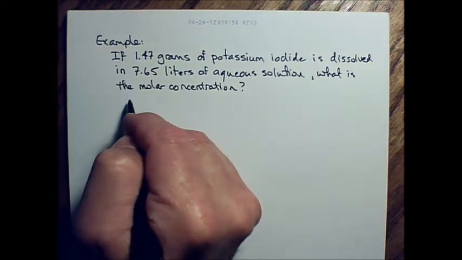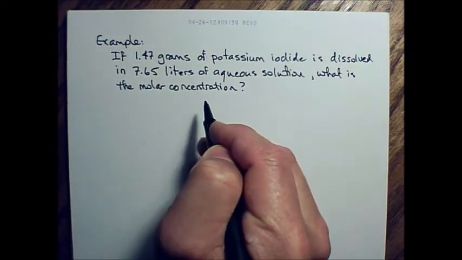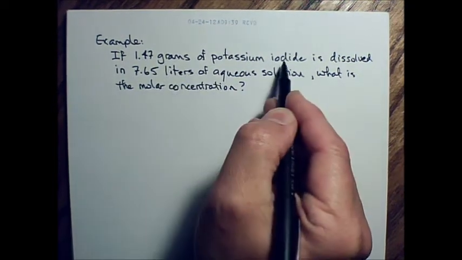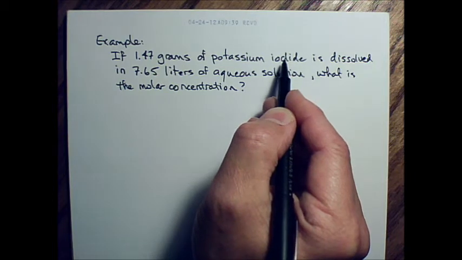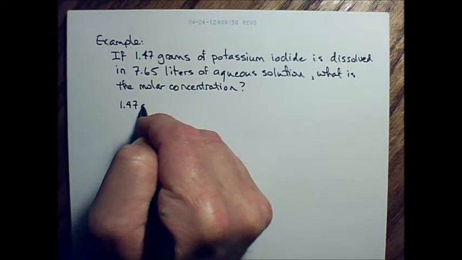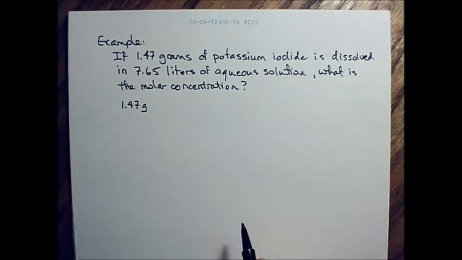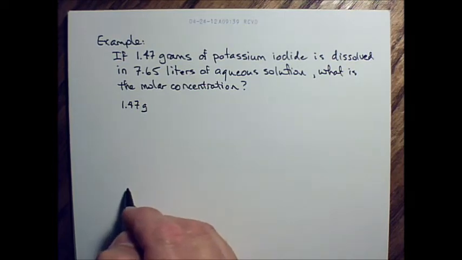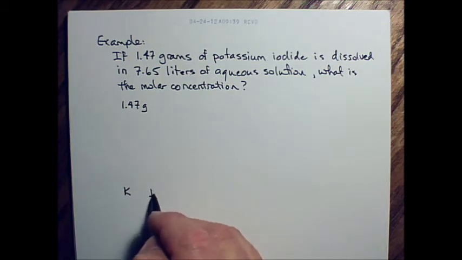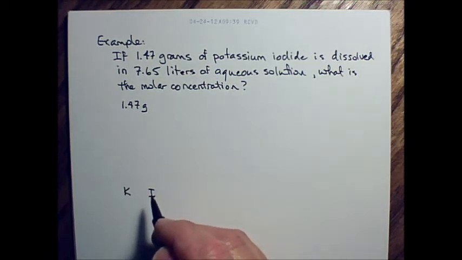All right, so we're going to start then with the amount of solute over the amount of solution. And the amount of solute is 1.47 grams of potassium iodide. That's what's being dissolved. That must be the solute. Now, if you don't know how to do the potassium iodide formula, potassium, you look up on the periodic table, has a K. Iodine, you look up on the periodic table, has a letter I as its symbol.